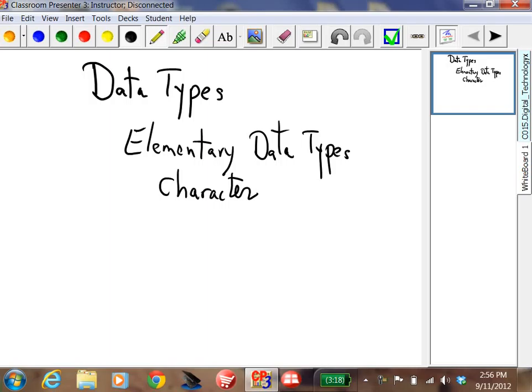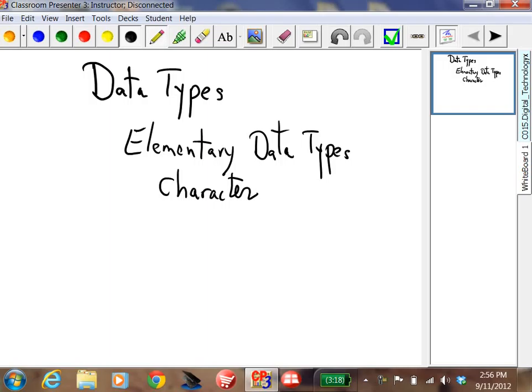Usman Mubarak, what is a character? A letter or a number, right?